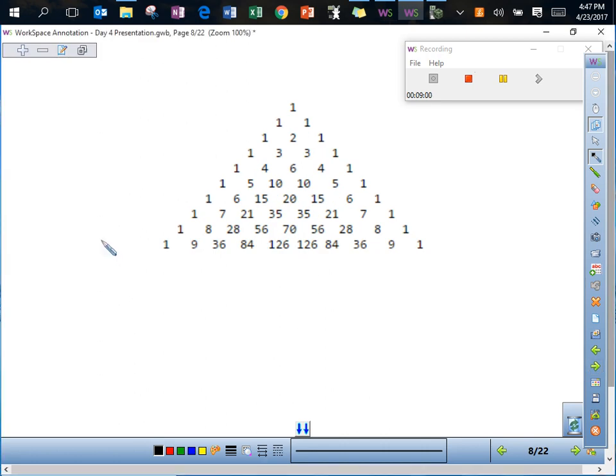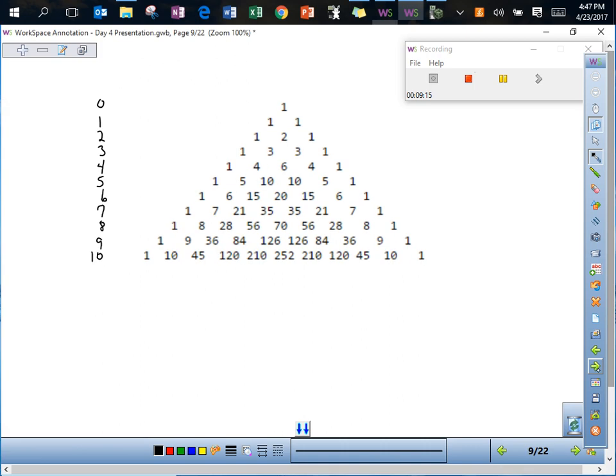There's what your 9th row should have looked like. We're going up to row 10. We won't do much over row 10. But what's cool about this, it goes on forever. So if you ever get bored, want to write it out to 50 rows or something. And then last but not least, guys, there's what your Pascal's triangle is going to look like.